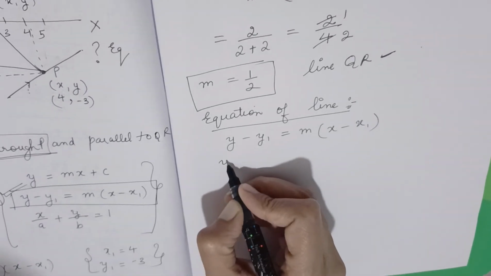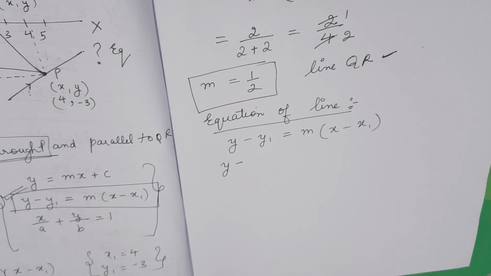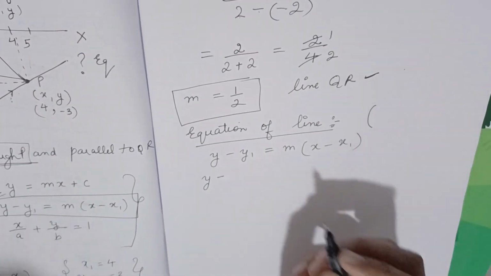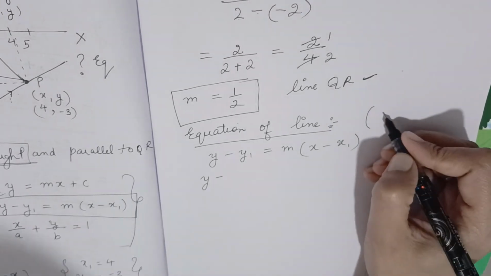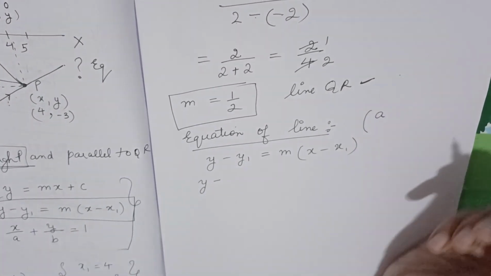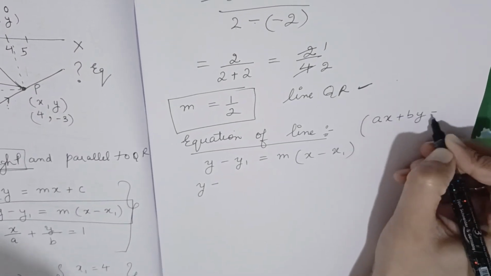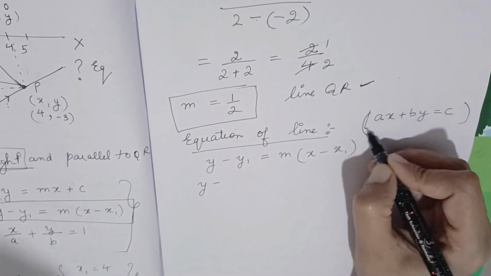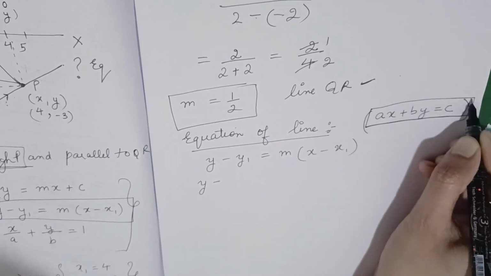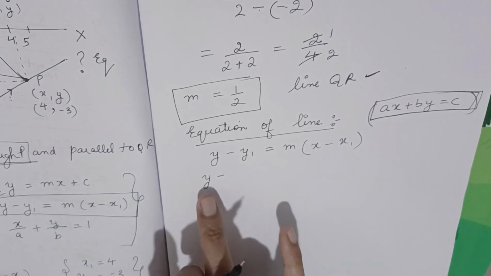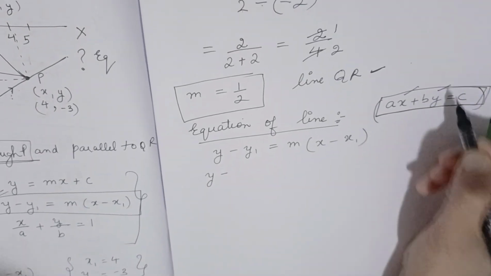Before I substitute the values, one thing I will tell you, which I have told you earlier also: the standard or general form of equation is ax plus by equals c. This is the form of the required equation which we have to get here. Here also you can see x and y are there.